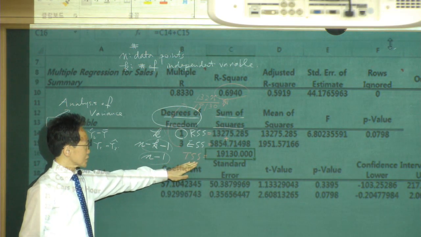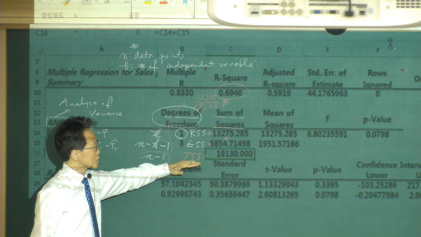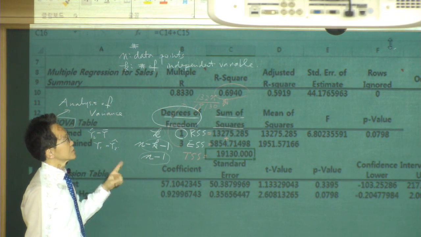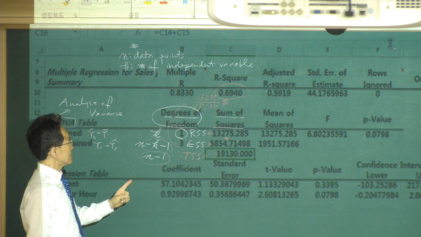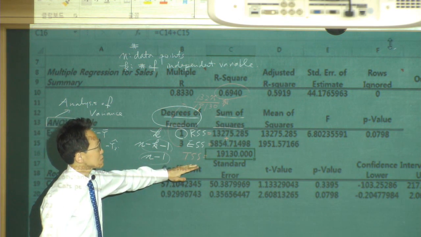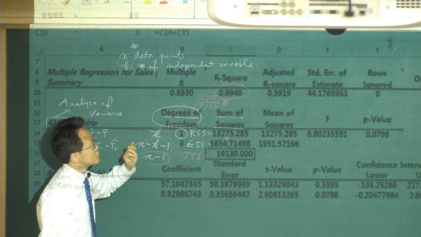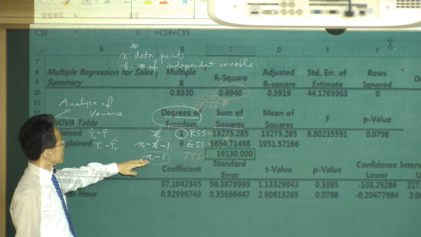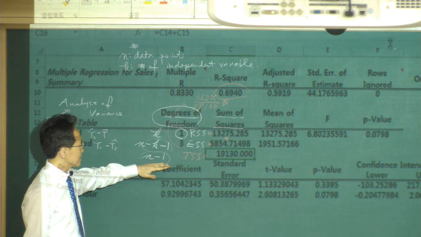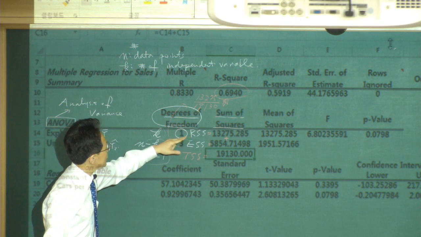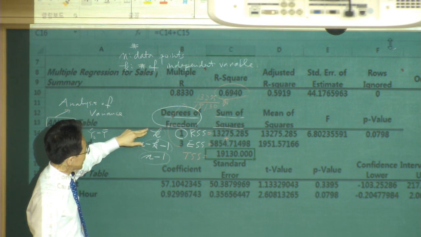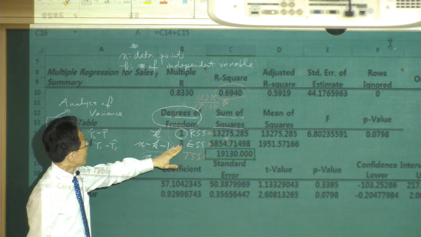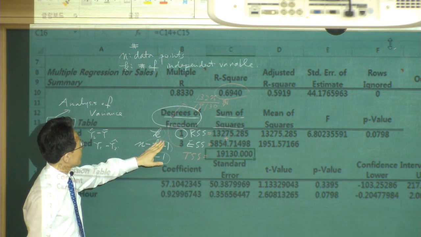So the degree of freedom is determined like this. First, the total sum of squares: we use one estimate, the average value, when we calculate it, so we use up one data point for the mean. The degree of freedom will be n minus 1. The regression sum of squares degree of freedom is the number of independent variables, so the remaining degree of freedom is n minus k minus 1.